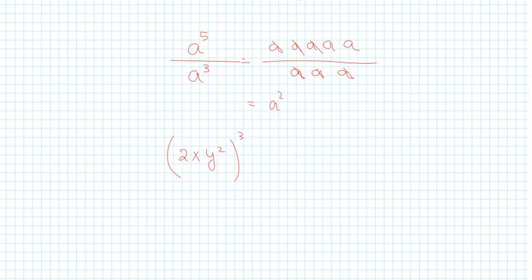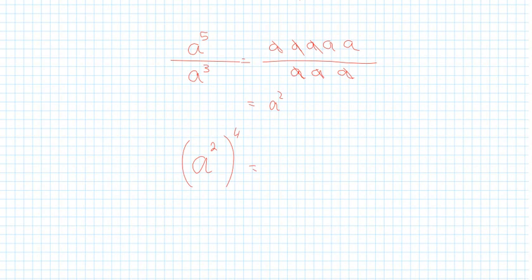So in this case, I can distribute that 3 in. By distributing that 3 in, you're multiplying your exponent by your exponent. I should teach you the power of a power law first, because then this will make sense. So if I have, for example, a to the power of 2, to the power of 4, what do I do here to simplify?